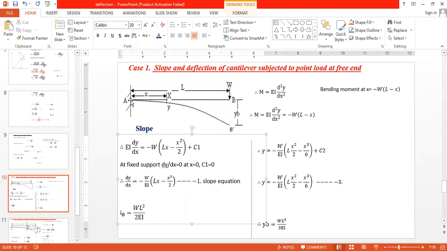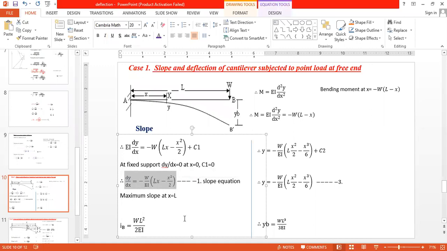That means at x equal to 0 it is 0, and it is increasing towards the end, and it is maximum at B dash, that means at B. So our major concern is the maximum slope. For maximum slope, you will get it at x equal to L. Now you put x equal to L in this equation. When we put x equal to L in this equation, what will you get?